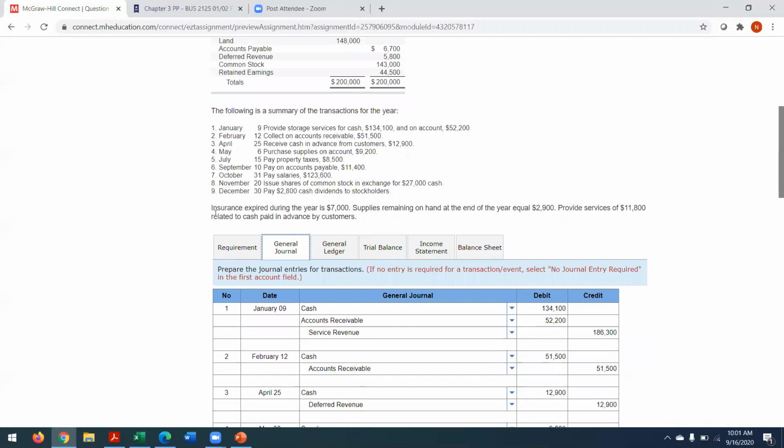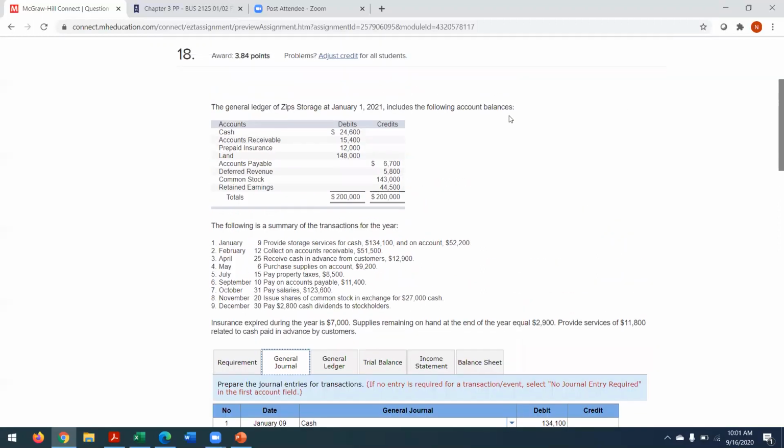Then it says our adjusting entries. Insurance expired during the year is 7,000. Do you see up here we have a prepaid insurance? So what are we going to debit and what are we going to credit?